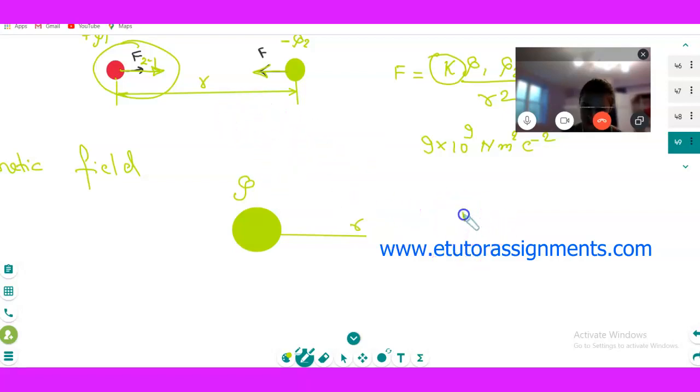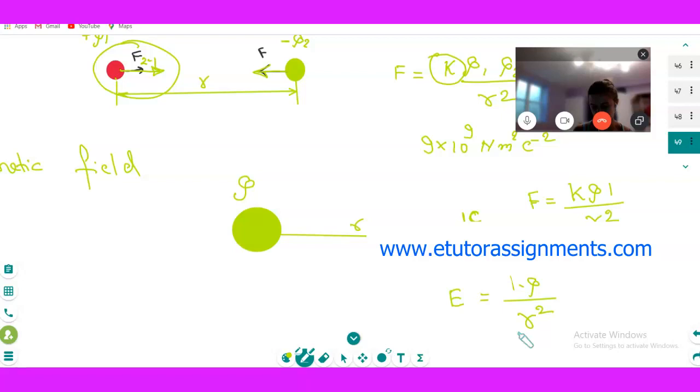What will we take here? One coulomb charge at this point. The force on 1 coulomb charge will be KQ divided by R square. So the electric field is equal to KQ by R square.